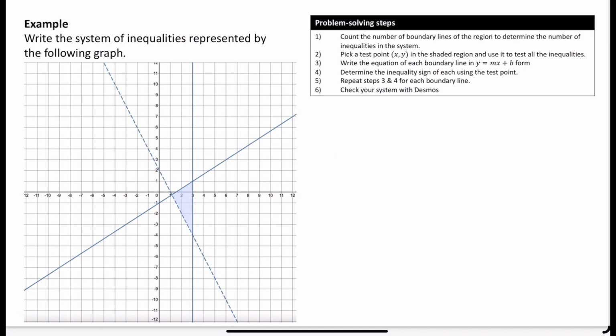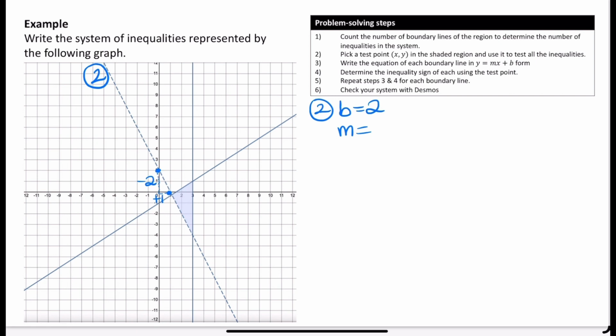So let's do this one right here. Okay, so first we start off by figuring out the equation of the boundary line in y equals mx plus b form. So notice that I have a y-intercept at 2, so b equals 2, and let's pick another point to find the value of m. So if I draw a path between these 2 points, notice that it goes down 2 and right 1.